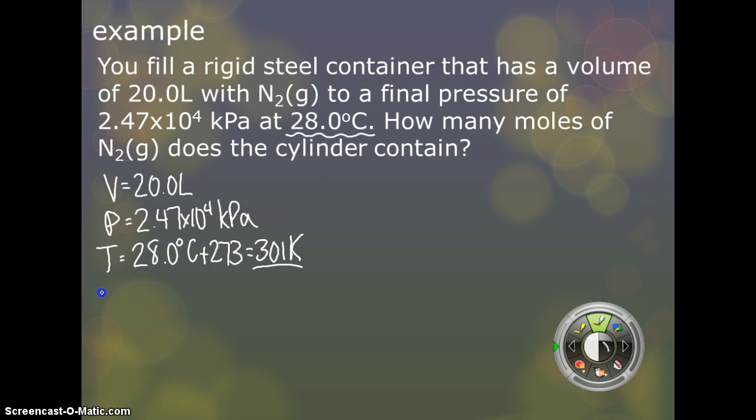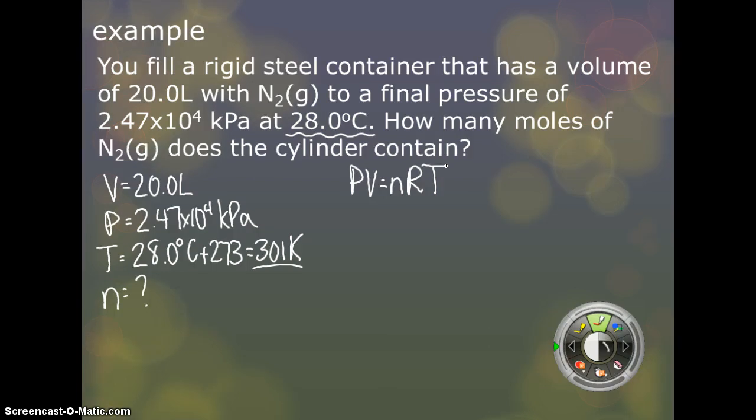They want to know your number of moles. Since we have P, V, and T, and N is what we're looking for, that is our clue that we're going to use the ideal gas law.